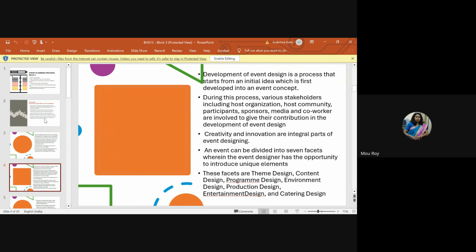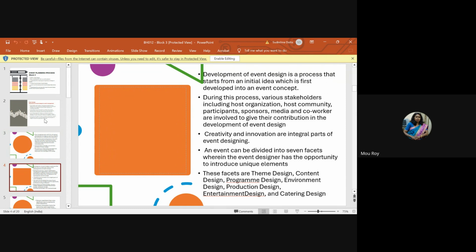During this process, various stakeholders are involved: the host organization, who is hosting; the host community, who will be attending; participants; the sponsors; the media; and the co-workers. They all give their contribution in the development of event design. And creativity and innovation are integral parts of event designing.